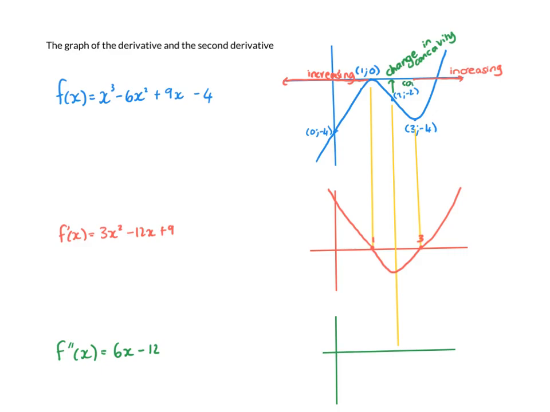Now after 2, I can see that my original graph is concave up, and before 2, my original graph is concave down. If my original graph is concave down, it means that my second derivative will be negative. And if my original graph is concave up, my second derivative will be positive.